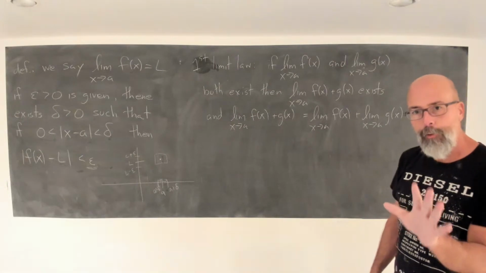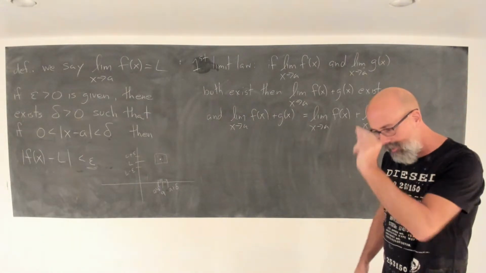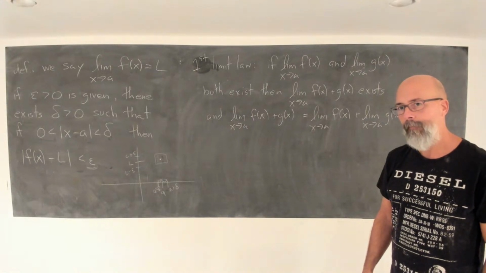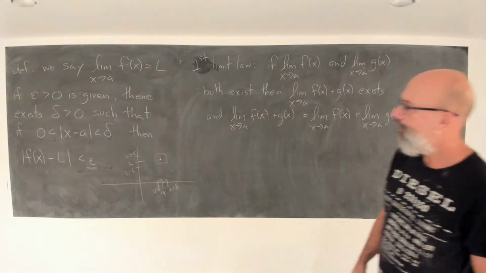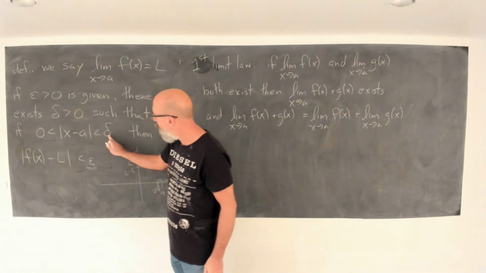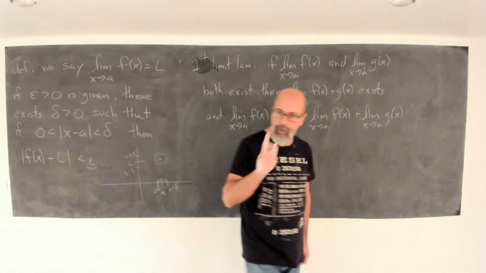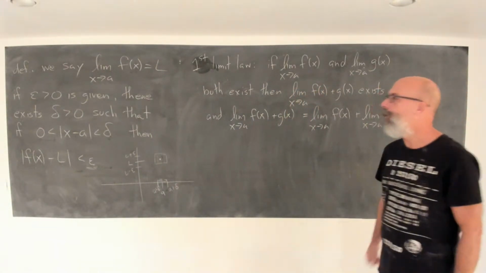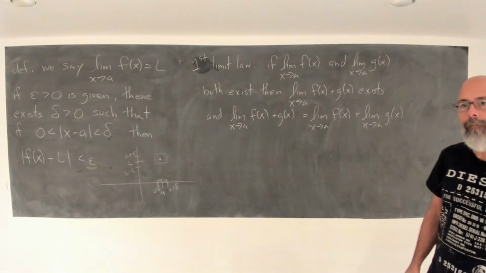But if you can show that for some given epsilon greater than 0, there is no such value of delta, then yes, this will prove that the limit does not exist.